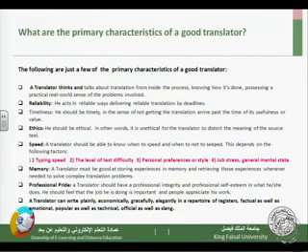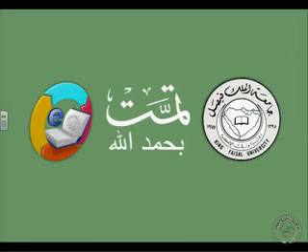A translator can write plainly, economically, gracefully, elegantly, in a repertoire of registers, factual as well as emotional, popular as well as technical, official as well as slang. This summarizes the characteristics of a good translator.